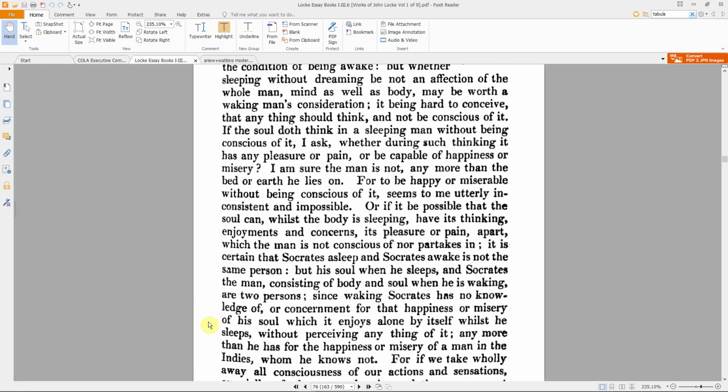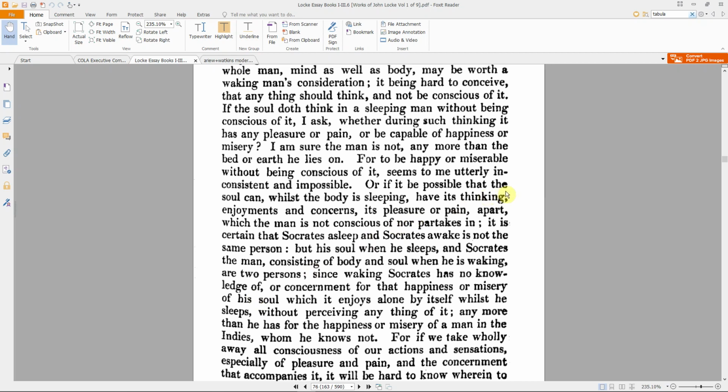But then his other side of this dilemma for this Cartesian view of the res cogitans, he says, "or if it be possible that the soul can, whilst the body is sleeping, have its thinking, enjoyments and concerns, its pleasure or pain, a part which the man is not conscious of nor partakes in, it is certain that Socrates asleep and Socrates awake is not the same person.